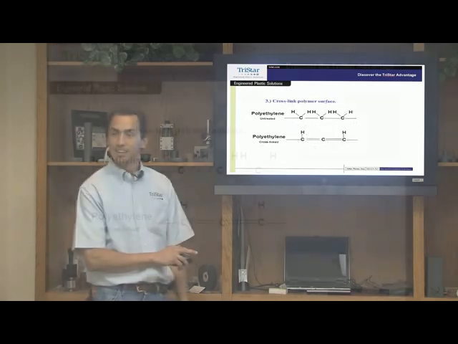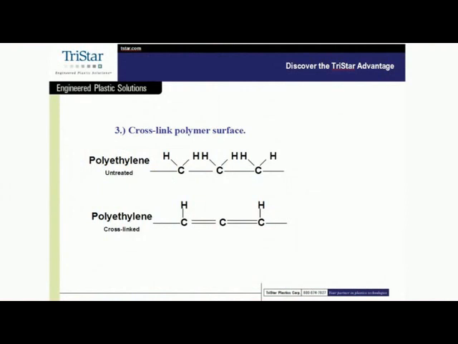Cross-linking polymer. This is really bizarre. Put on your 1970s hat again and understand that when we cross-link a material, we actually strengthen the bond. One bond is strong. 2 bonds is stronger. 3 bonds even more strong.